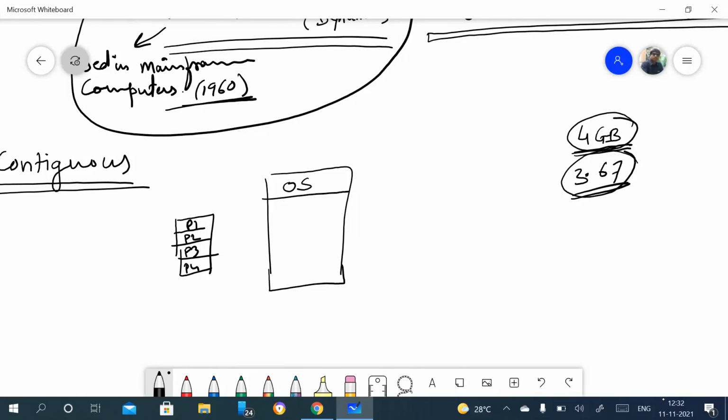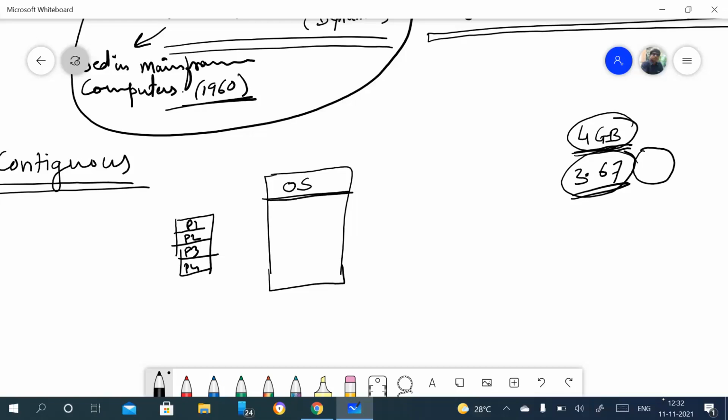The reason is that whenever we start the computer or laptop, the operating system first resides in the primary memory, so that portion is taken for the operating system. Suppose this is the memory.